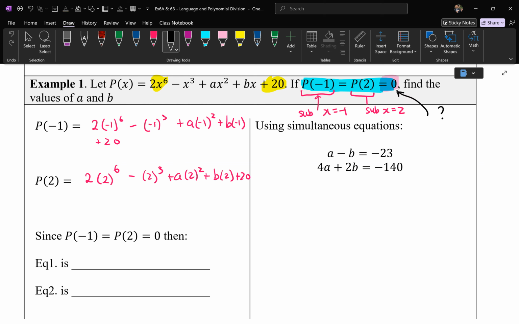What does this mean? On one hand I say sub x equals negative 1, sub x equals 2. And why am I saying it equals 0? What am I truly saying? Because you would have done it back in year 9. It's just that it's written as notation now. What is it trying to say? What does that mean?